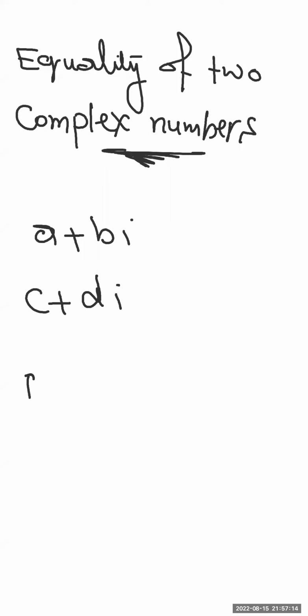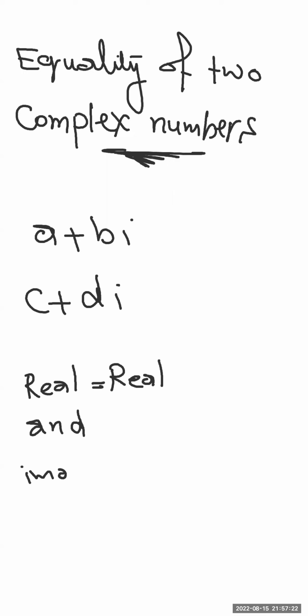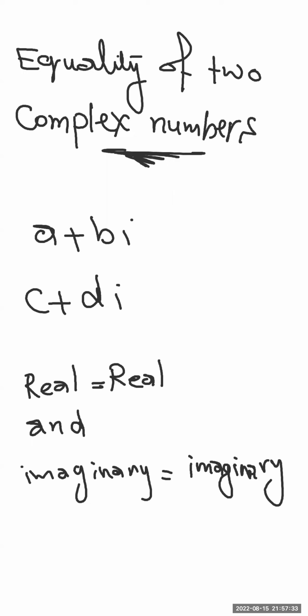If the real part equals the real part and the imaginary part equals the imaginary part. Simple. So we can say that the two numbers are equal if a equals c and b equals d. Done.